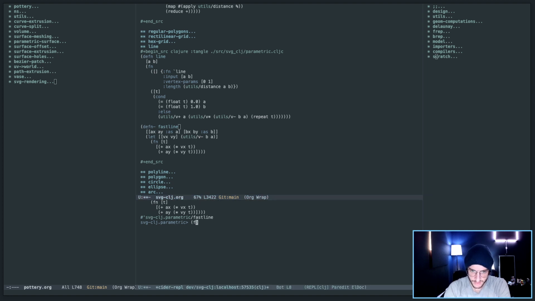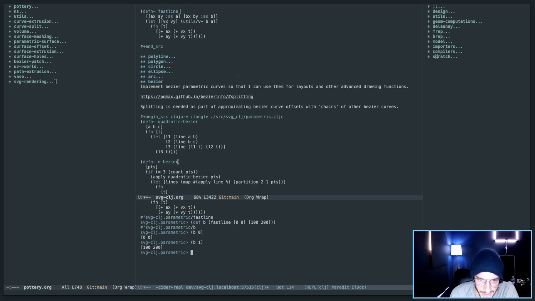Let me see this. Def B, fastline. Okay. B0 works. B1 should also work. Okay, good. We've got the right idea. The thing about fastline is I should be able to use that internally here, like this.